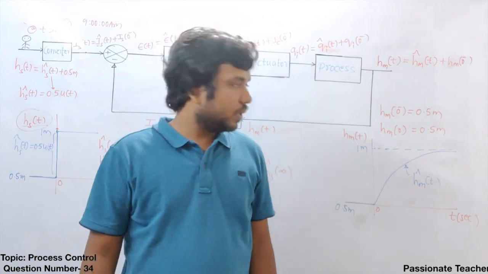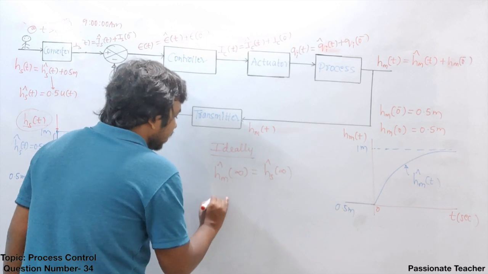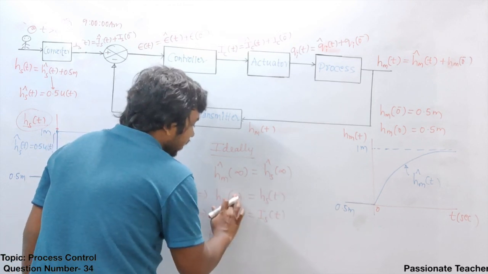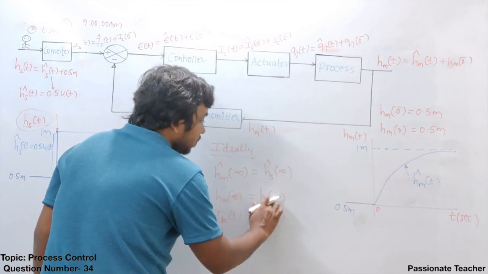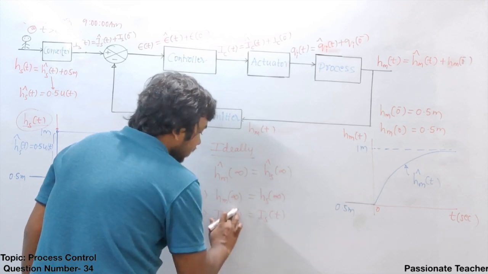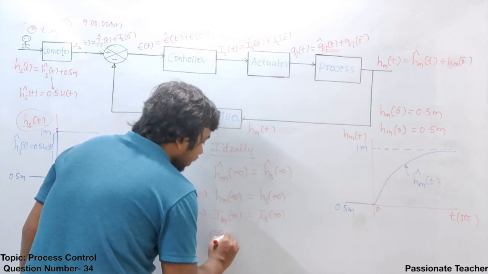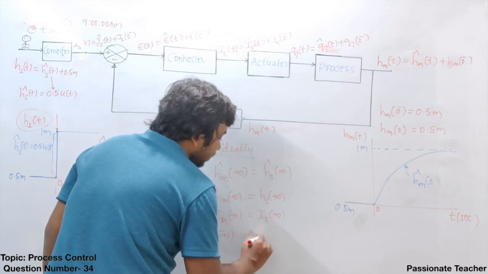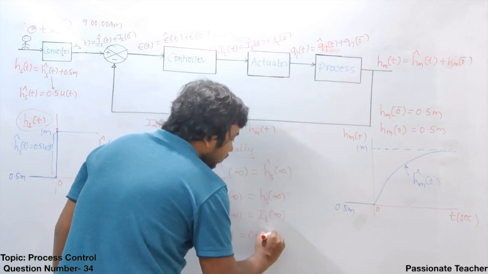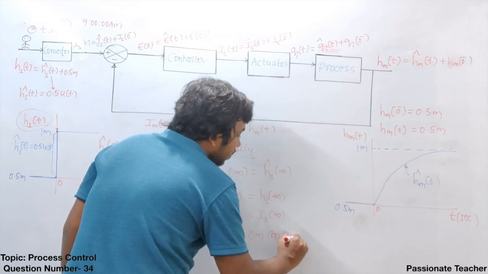Clear? So if both are equal, then I can say the error, let me write down like this, after some time, meaning infinite, right? So error should be equal to 0 meter, or we can say even 0 milliampere.